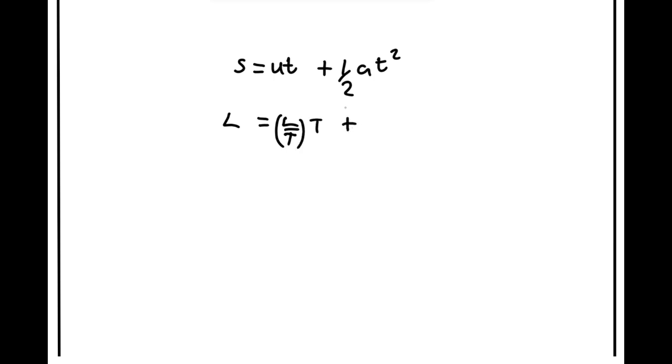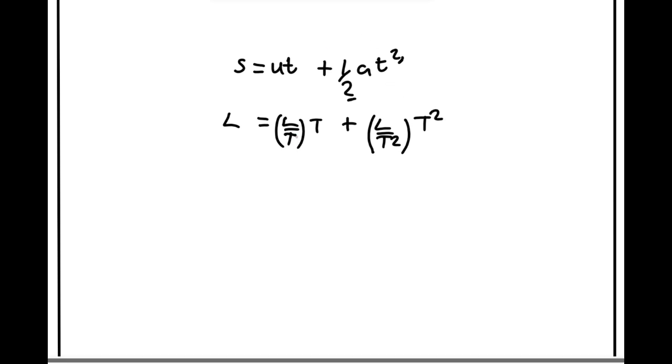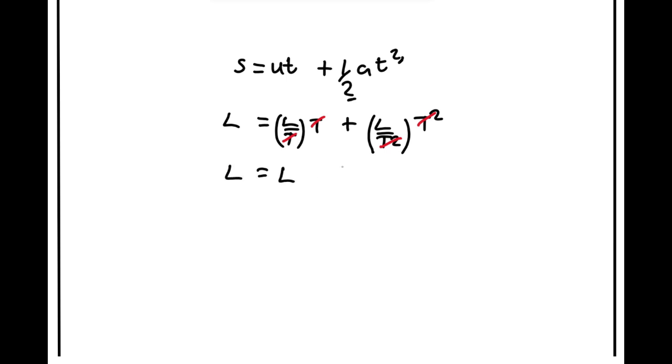Plus, when we're dealing with dimensional analysis, we can ignore the constant, so we go ahead and put acceleration. Acceleration was L over t squared, and then time was also t, but it's t squared, so that's t to the power 2. We can cancel t and t here. We can cancel t squared and t squared, leaving us with L equals, here we're left with L, and on the last part we're left with L.